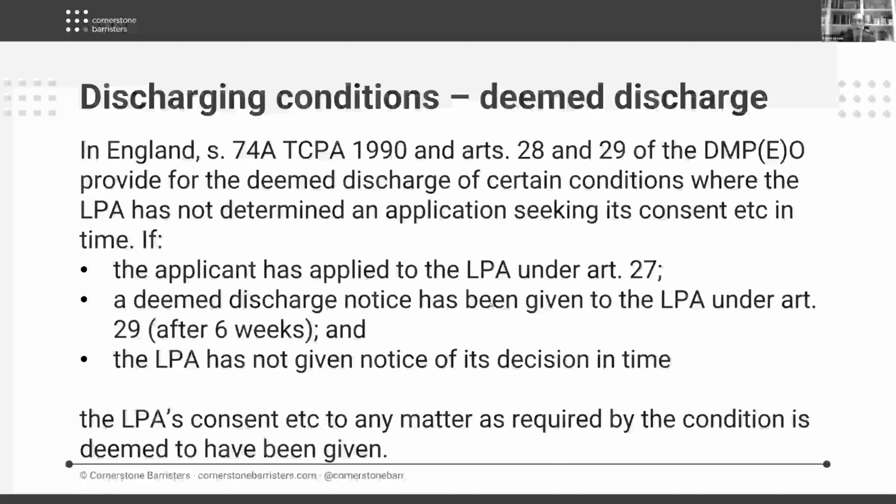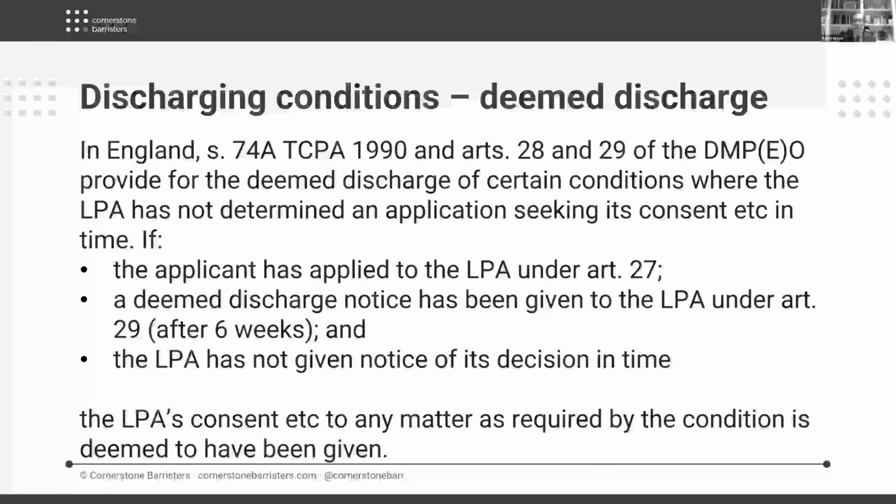The deemed discharge notice will set a time limit, a minimum of 2 weeks, for a decision to be given. And if the local planning authority doesn't give its decision in that time, then under section 74A, the local planning authority's consent to any of the matters required by the condition in question is deemed to have been given.